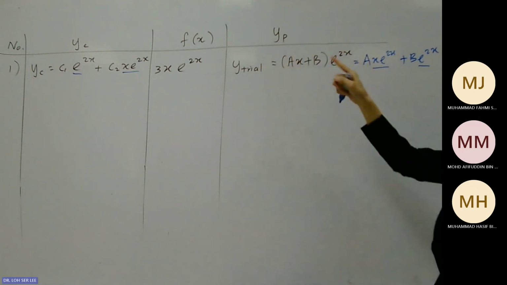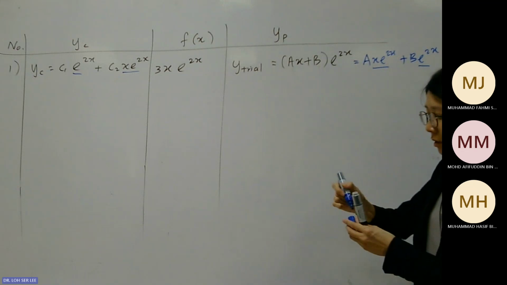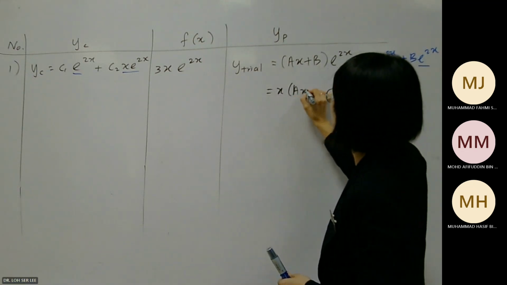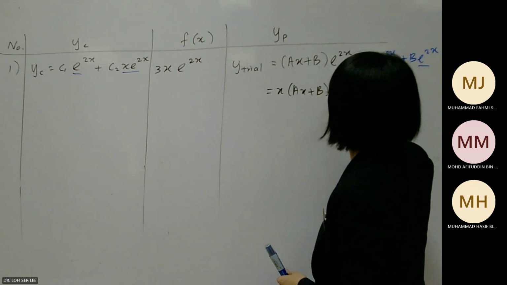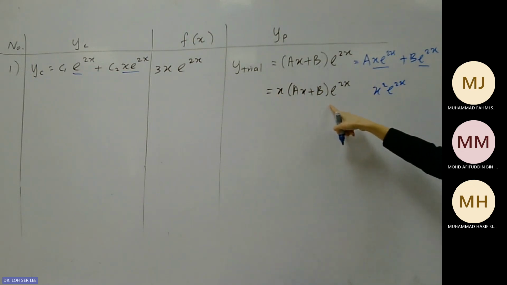This is considered as one category, because this is a product function. So we insert an X. Check again, is there any duplication? Yes. When you open the bracket, the function that you have is X square E and also XE.